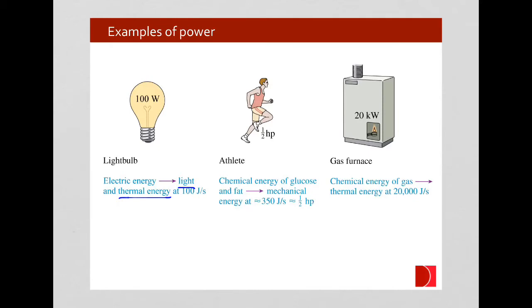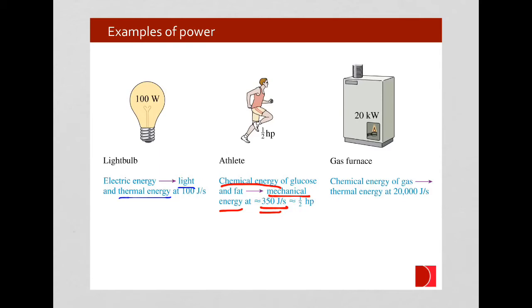We as people also use energy and produce power all the time. We have chemical energy in the food that we eat. That chemical energy is turned into mechanical energy by our bodies, by lifting things, by propelling ourselves, or on a bicycle, propelling ourselves and the bicycle. And we have about 350 watts that we can produce as a peak amount.